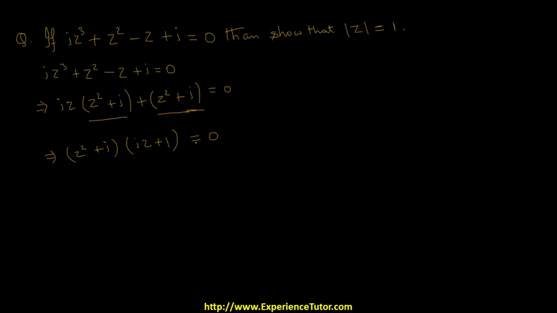We know that when the product of two numbers is 0, then either of the numbers can be 0.